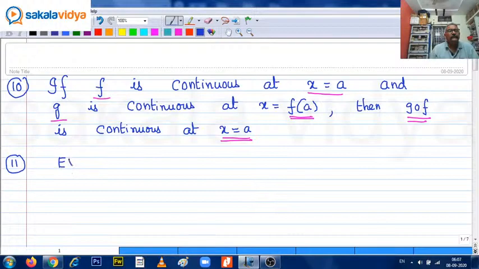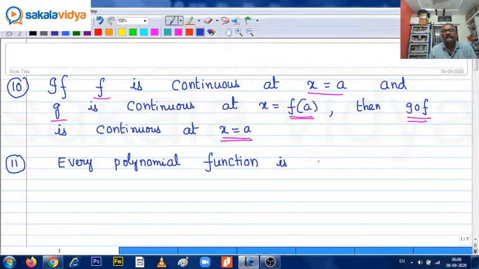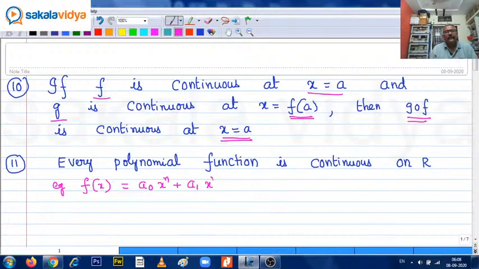Every polynomial function is continuous on R. So polynomial means generally you can take like this: f of x equals a naught x to the power of n plus a1 x to the power of n minus 1 plus a2 x to the power of n minus 2 plus and so on, plus an, where a naught does not equal 0.